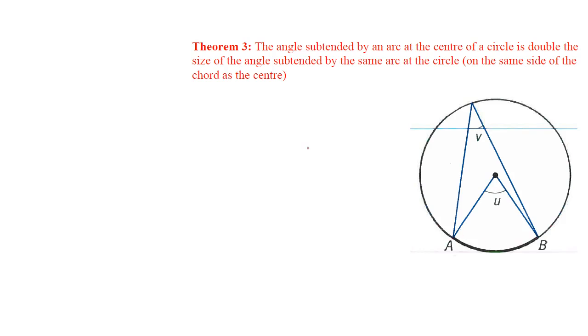AB is the arc of angle V, and also AB is the arc of angle U. V is a subtended arc angle, and U is the center angle.